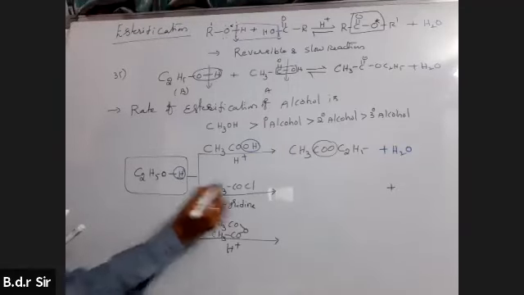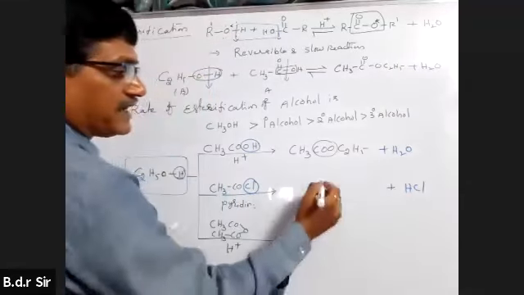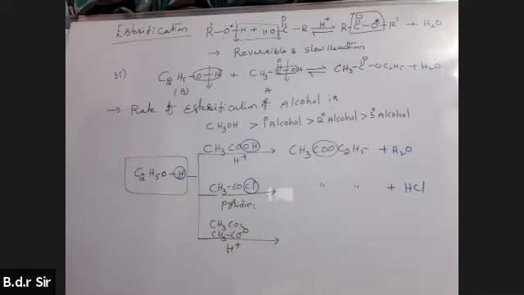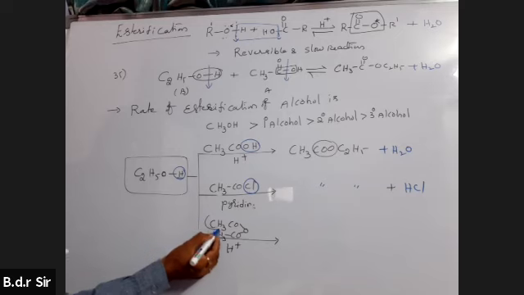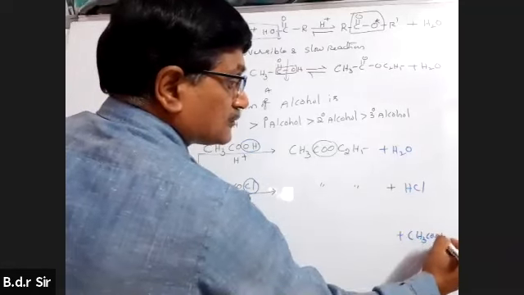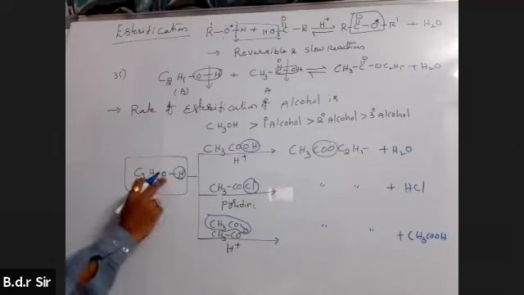Next, in the second one, here hydrogen, here chlorine, gives rise to HCl. Remaining CH3COOC2H5. Next, here hydrogen and CH3COO group converted into acetic acid plus CH3COOC2H5.